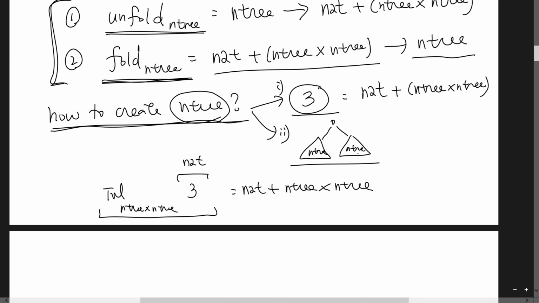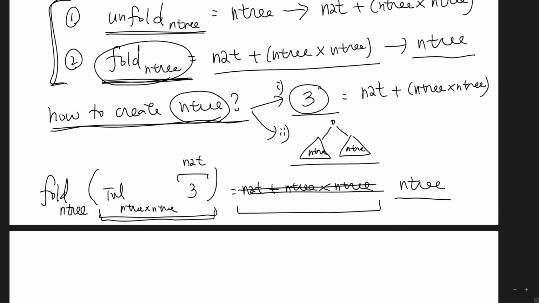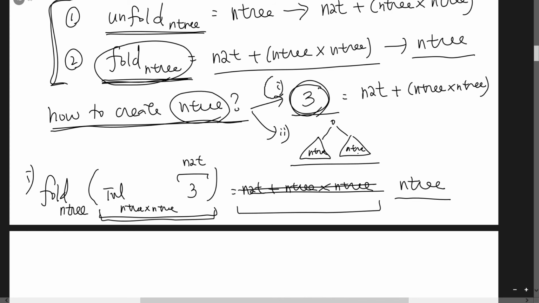Now you have created an expression of this sum type. And then you apply this fold function, fold specialized for this recursive type, Nat3. Then this is going to have type Nat3, which is precisely the way that you create a natural number 3 from a single natural number. So this corresponds to the first way here.